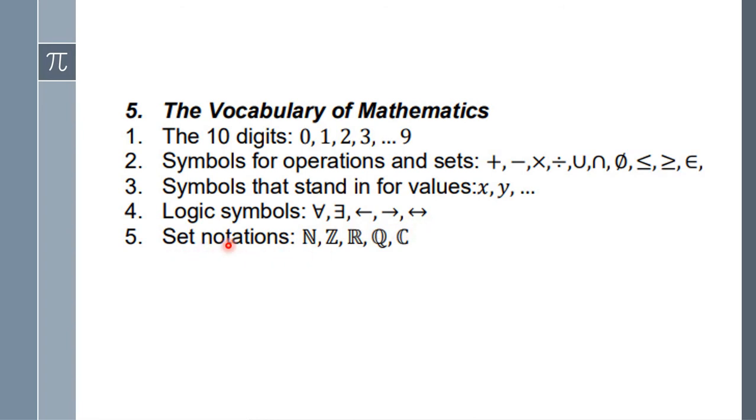For the set notations for numbers, this letter N means natural numbers, also called the counting numbers. I'll explain later what these are when we reach that part. Z is the representation for integers. R is the representation for real numbers. Q is for rational numbers, and C is for complex numbers.